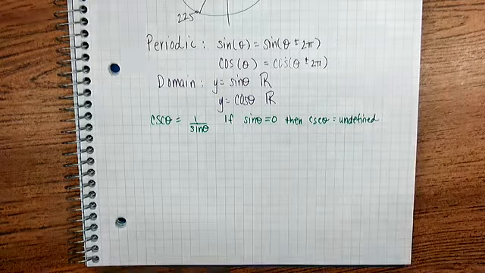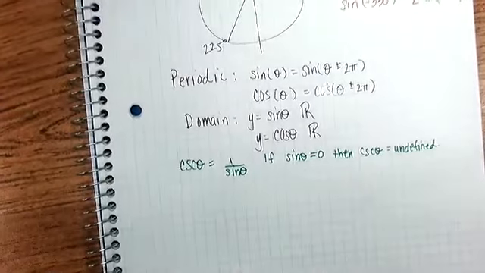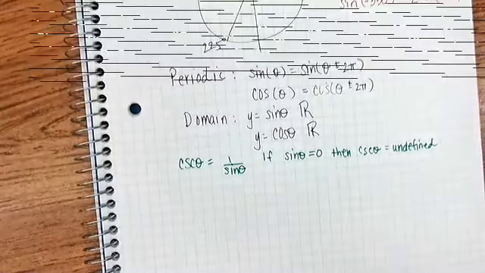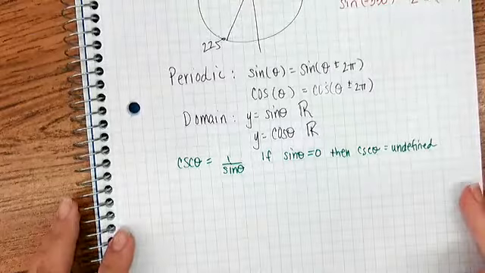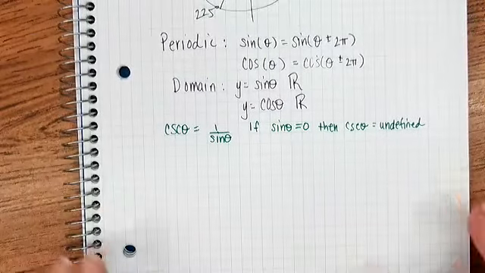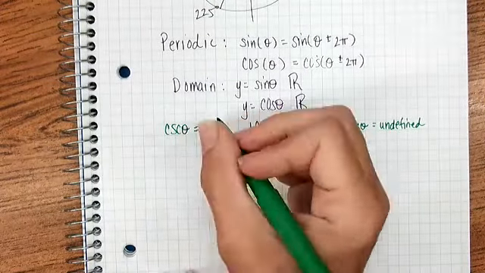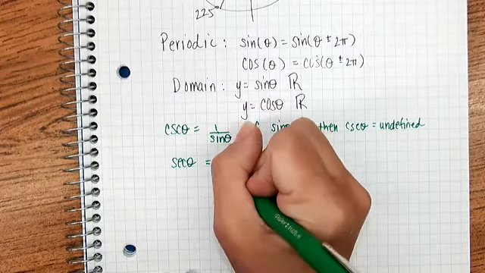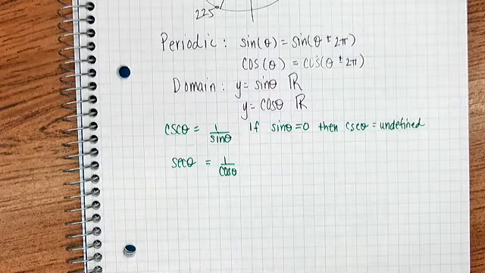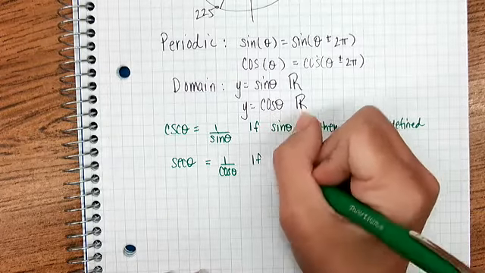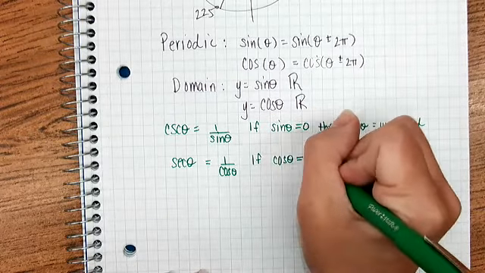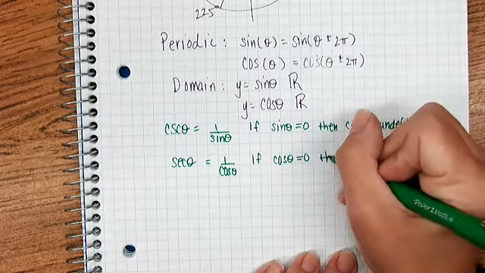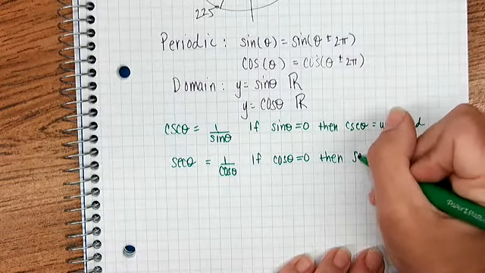And for secant, that's 1 over the cosine. So if the cosine is 0, then the secant is undefined.